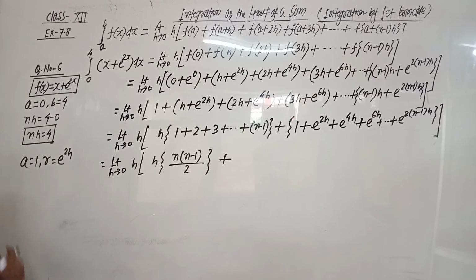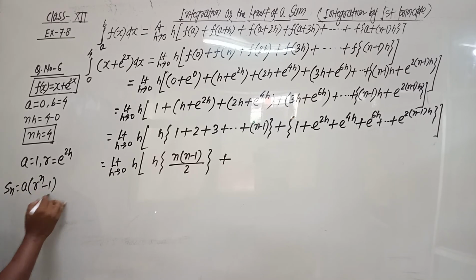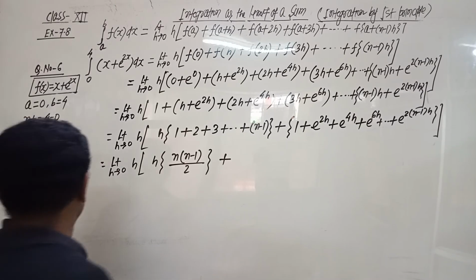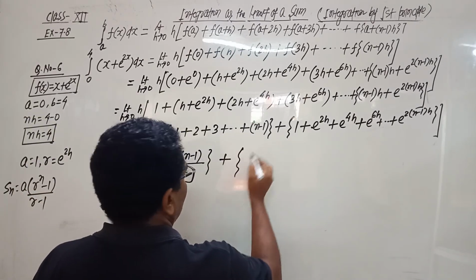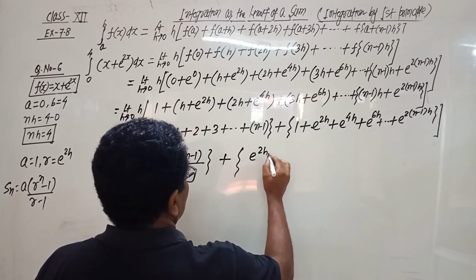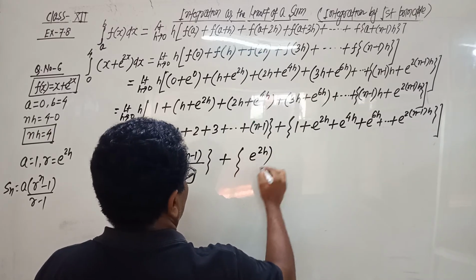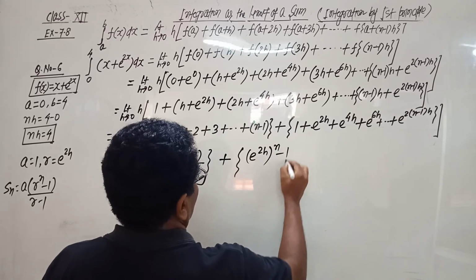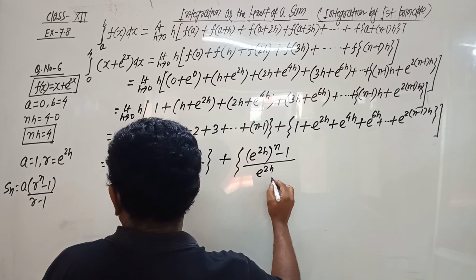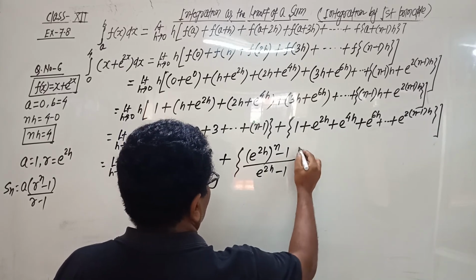So we use the formula Sn equals a into (r raised to the power n minus 1) upon r minus 1. So the first term a is 1 and r is e raised to the power 2h, and (r raised to the power n minus 1) upon r minus 1, so e raised to the power 2nh minus 1 upon e raised to the power 2h minus 1.